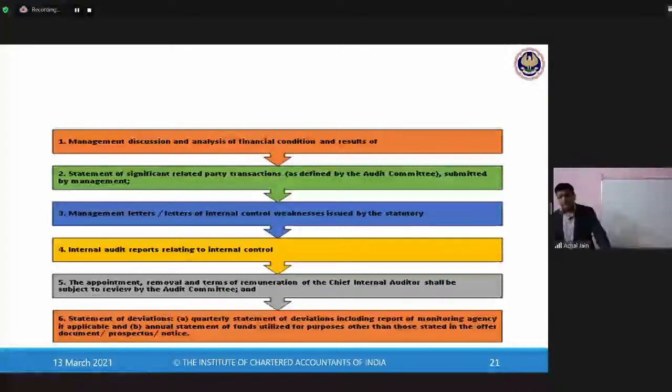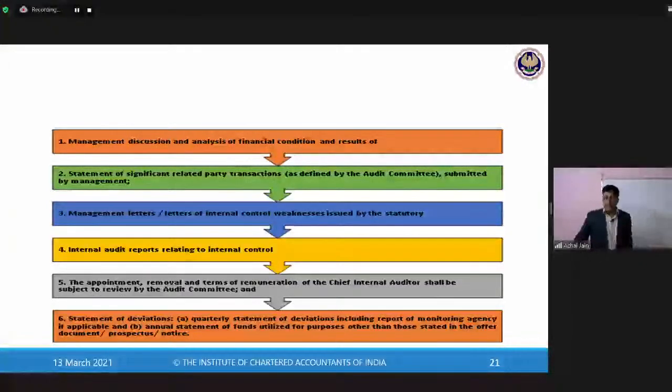Now, at times, statutory auditor, even though he is not required to issue this, may issue some recommendations in relation to improvements of the internal controls. May also throw some light on the internal control weaknesses, even though it's not part of his audit report.